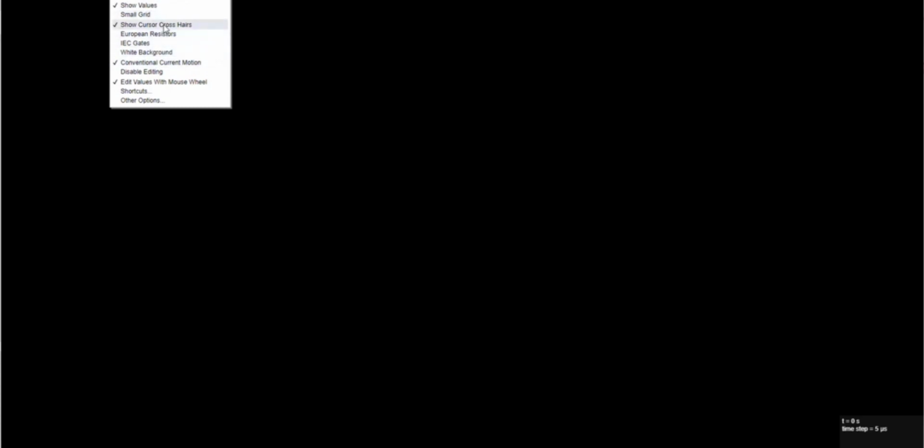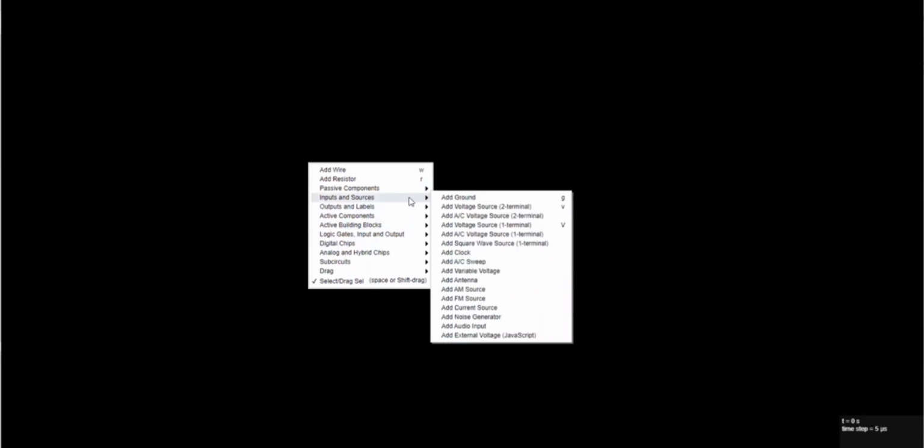That makes lining things up easier, I think. So right click anywhere on your workbench, then inputs and sources, add AC source to terminal. I'll go through it quickly once and then again. There's my EMF. There it is.